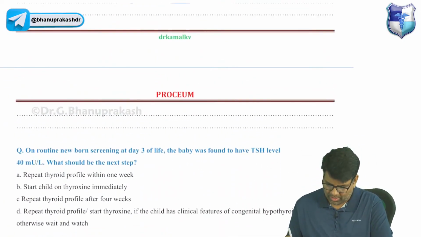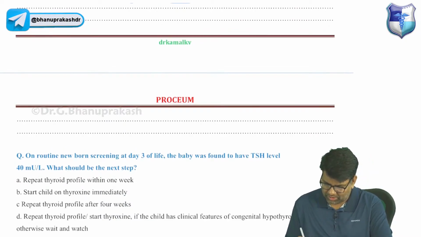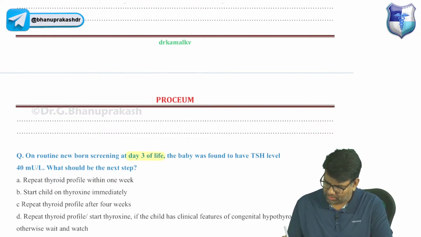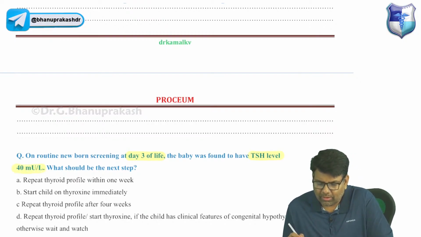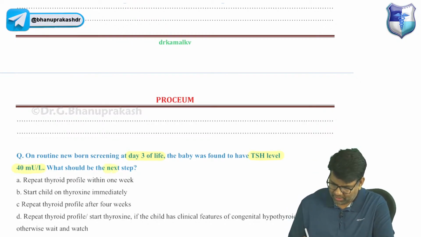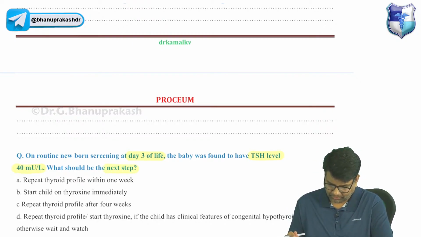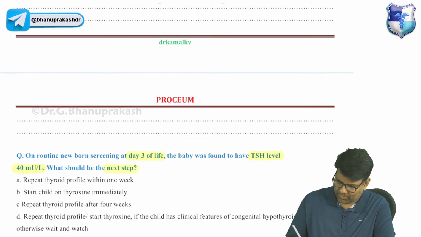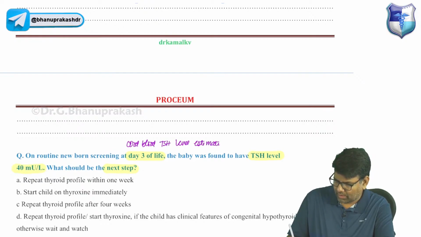Next question. On routine newborn screening at 3rd day of life, the baby was found to have TSH level of 40. What should be done next? Because whenever a baby is born, we do cord blood TSH level estimate, right?